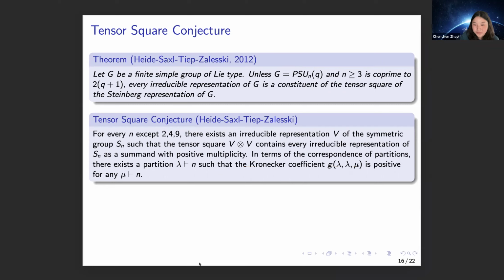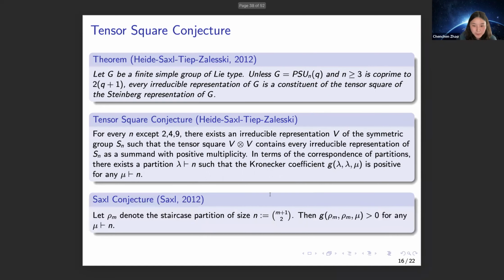So in other words, this means there exists a partition lambda such that the Kronecker coefficient g(lambda, lambda, mu) is positive for all partitions mu. And one immediate consequence is that lambda needs to be symmetric, because if, for instance, the one-column partition is in it, then lambda is equal to lambda prime for this to be positive.